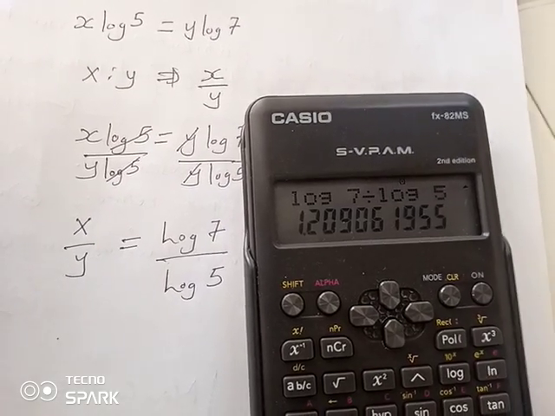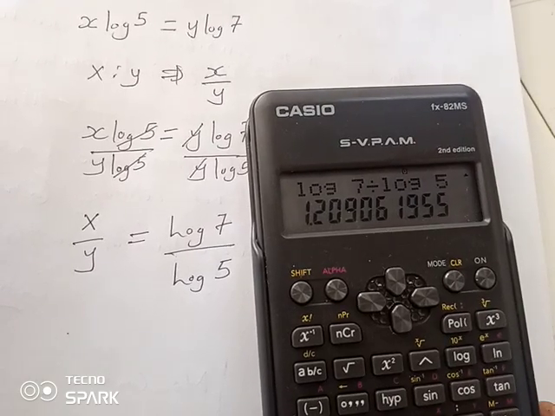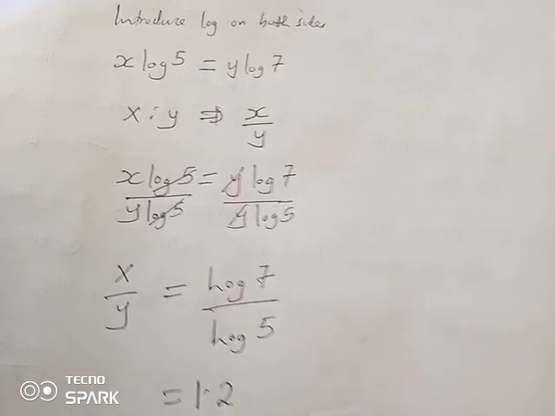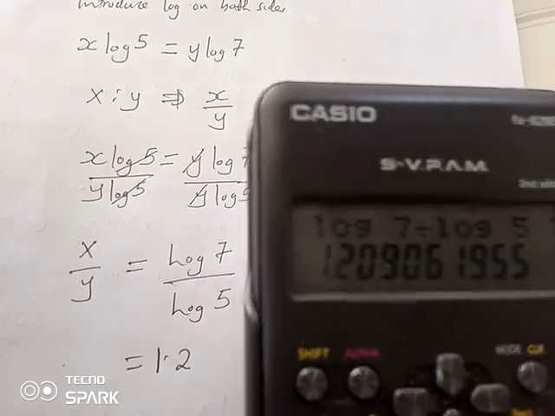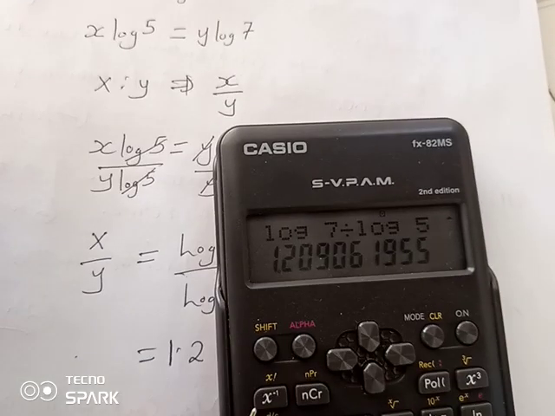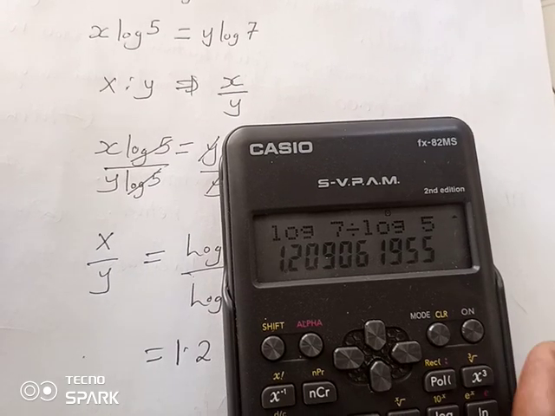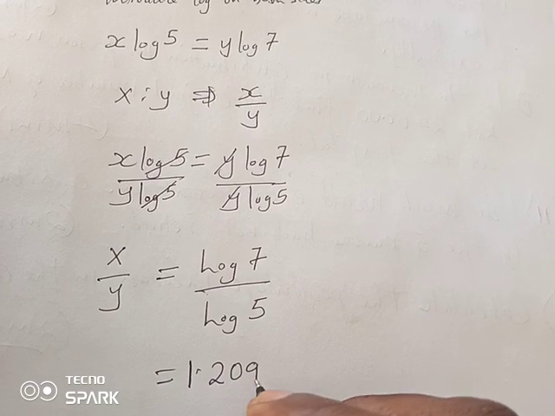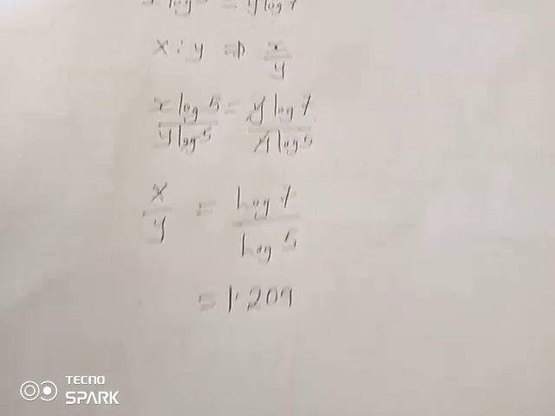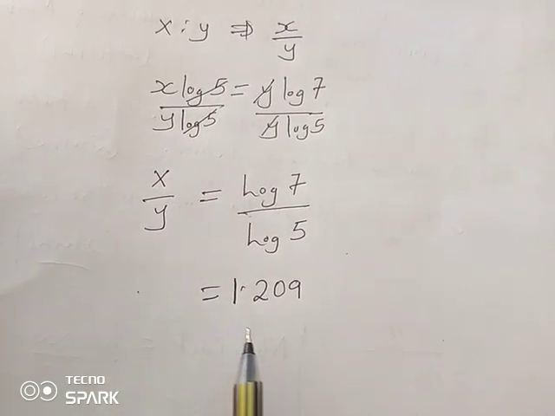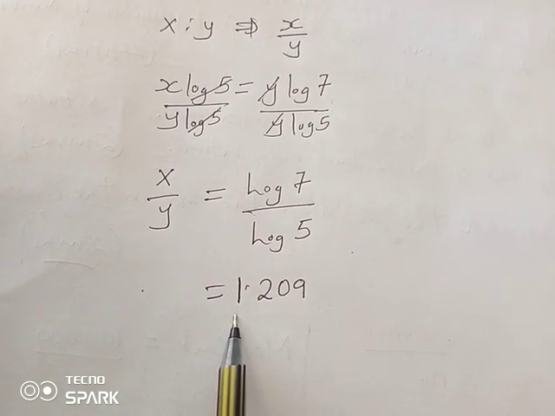So from my calculator, we get 1.209 and so on. So having this in place, because of ratios, we may not consider many of these numbers.